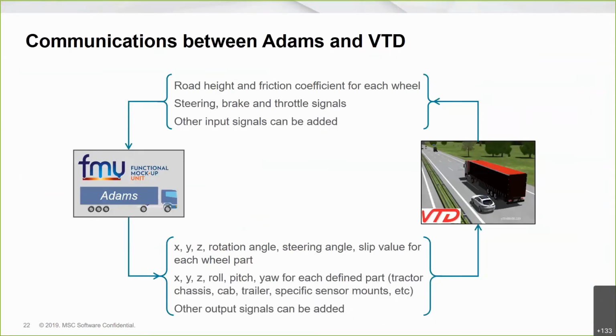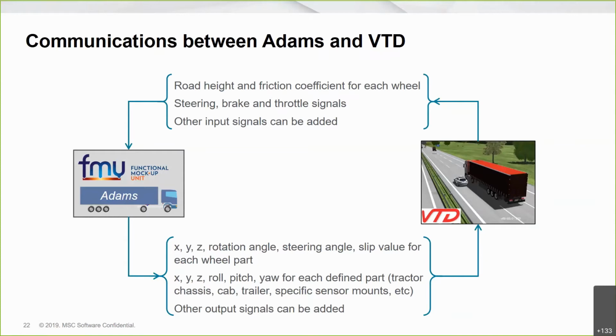And in this case, the Adams model is on the left-hand side and the VTD model is on the right-hand side. So what we're doing is inputting a number of parameters that are being transferred between the two software tools.